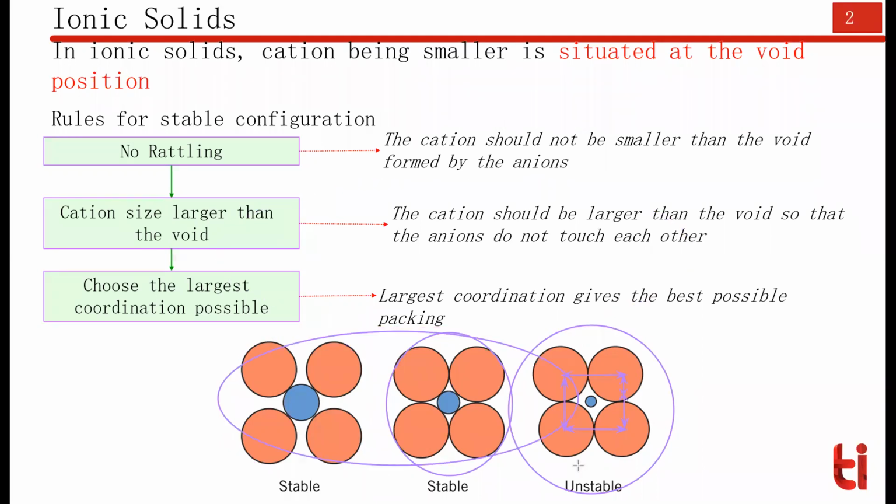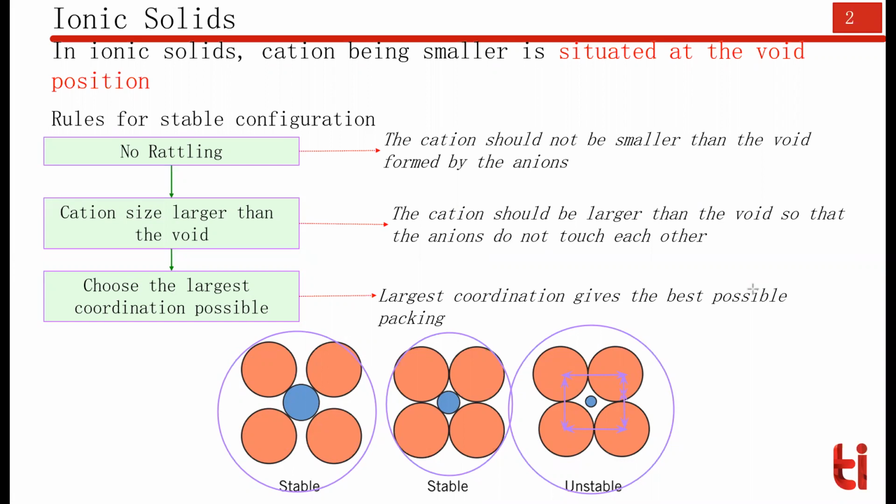If you have that kind of situation, you will have a stable solid. So what we have understood is, to have a stable ionic solid, an anion and cation should distribute in a way that your smaller atom should go in the valley.